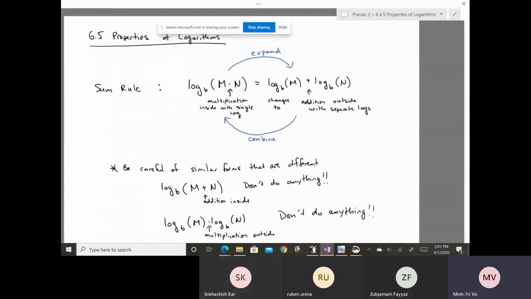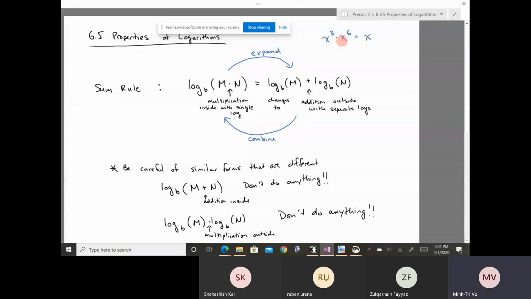So section 6.5 is on the different rules for logarithms, and they're essentially the counterparts for exponents. Say for exponents, if you have x to the 3rd times x to the 6th, you can combine them.